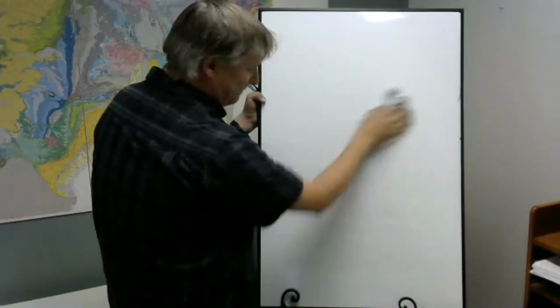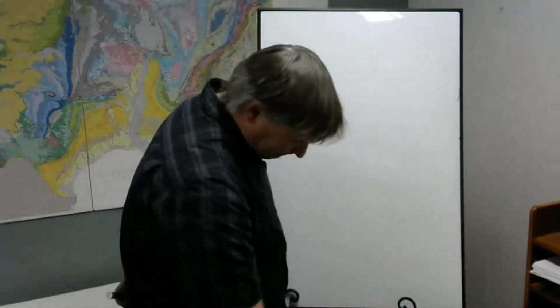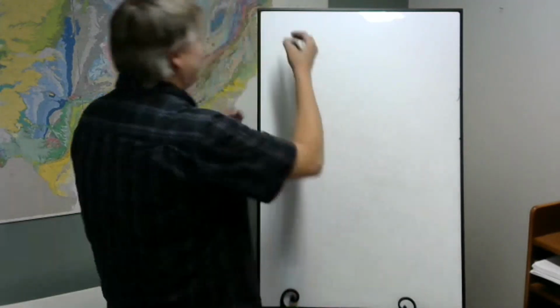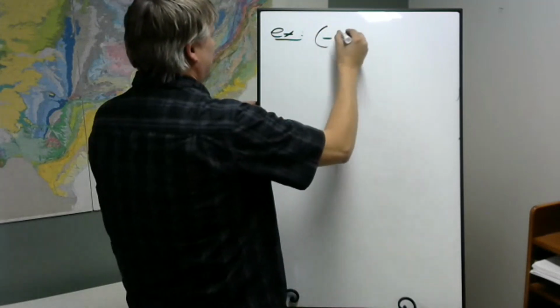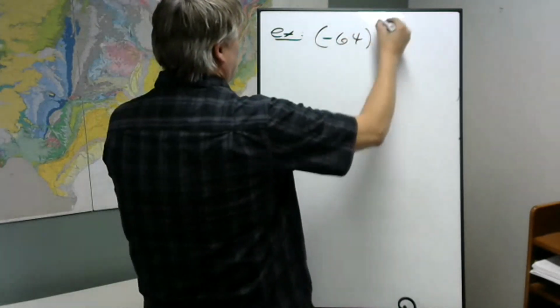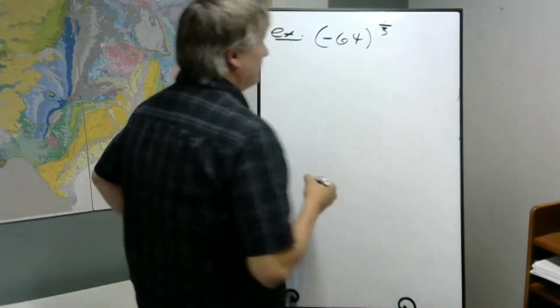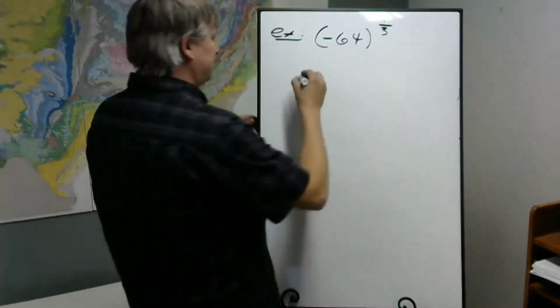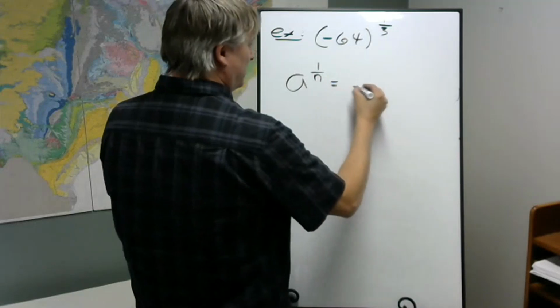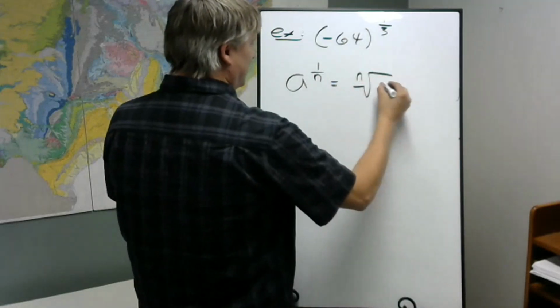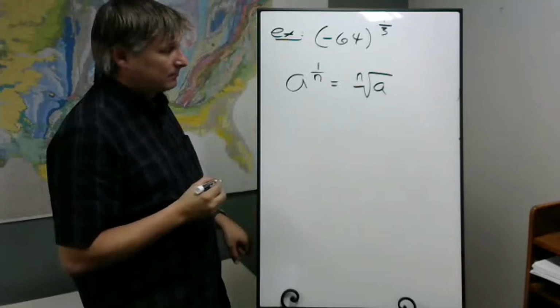Well, let's take another one. Well, let's say we have this. Now, again, we're going to use the fact that a to the 1 over n is the nth root of a.